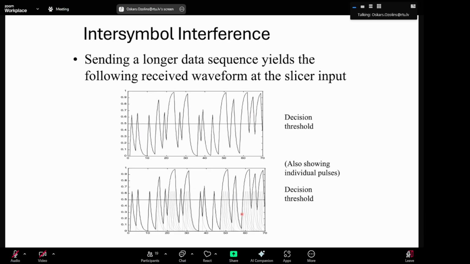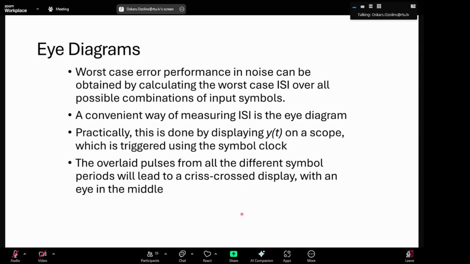Okay, so here's a little bit, we already covered eye diagrams, and we already know that we overlay all the symbols in the system on top of each other. So with eye diagrams you can do several things.